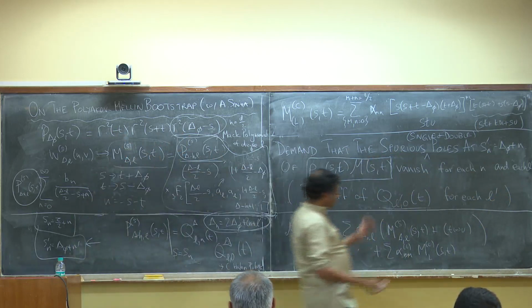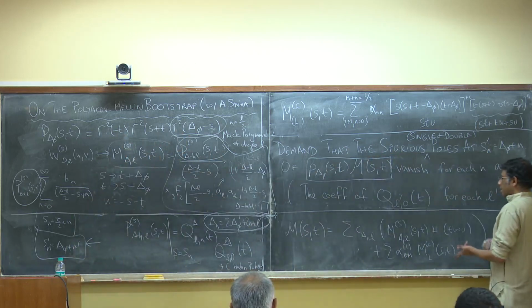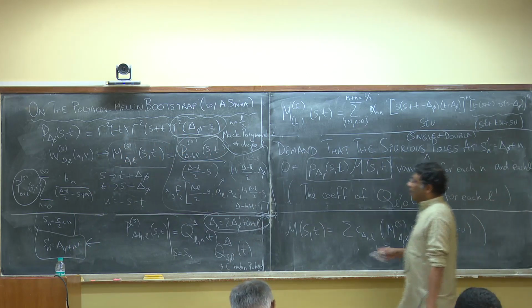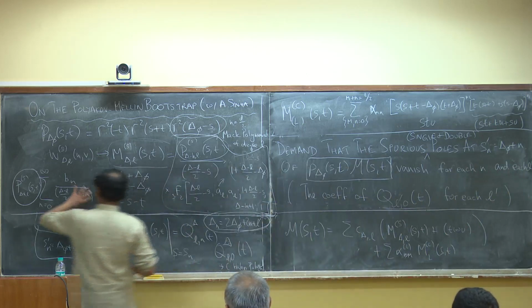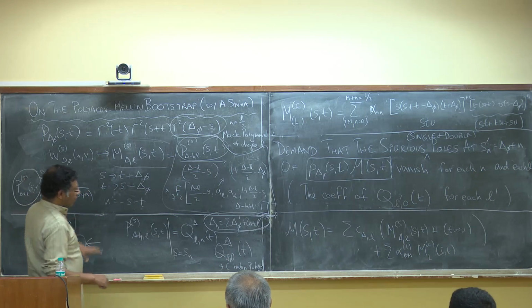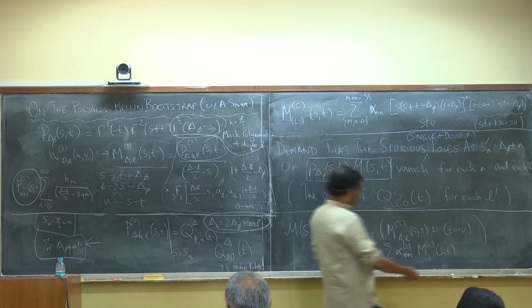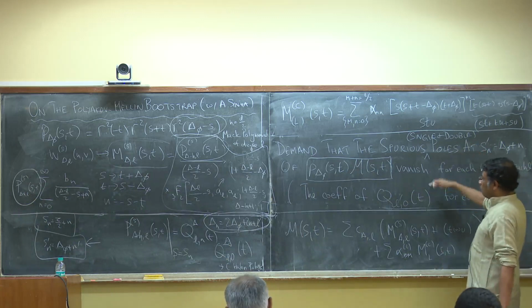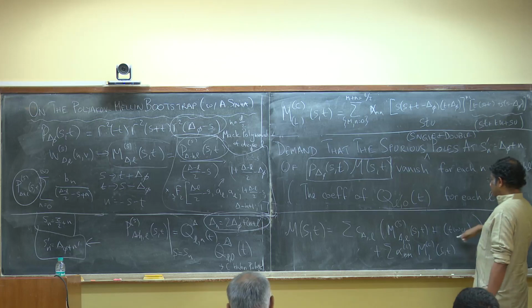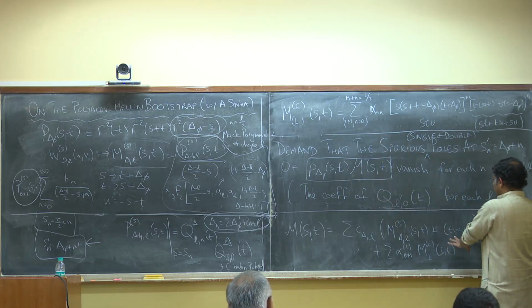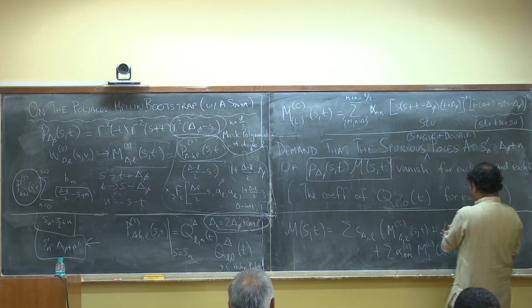Now for the t channel, you will be interchanging this thing. The spurious pole will again come from this, but you will want to decompose this t channel.